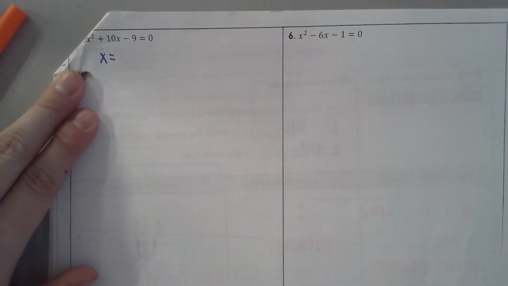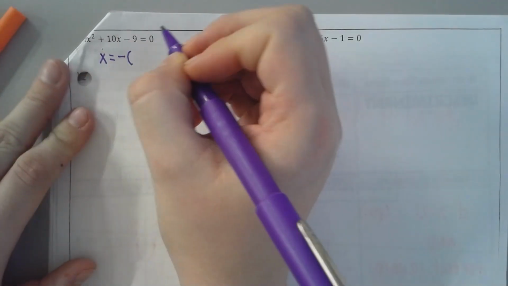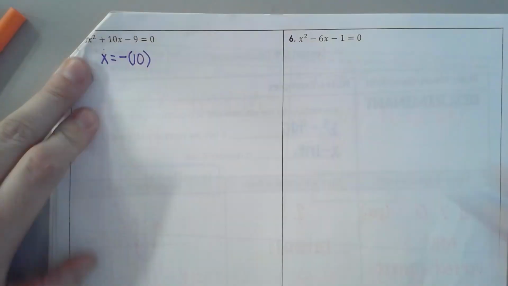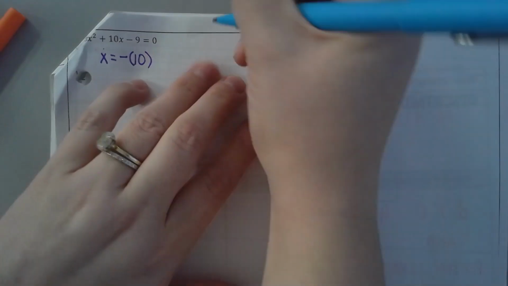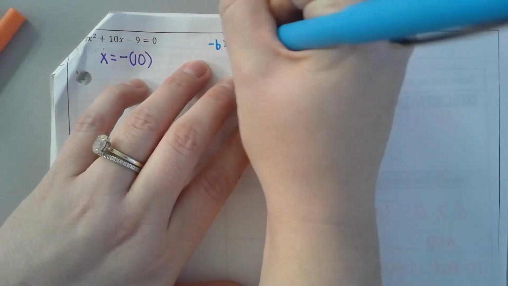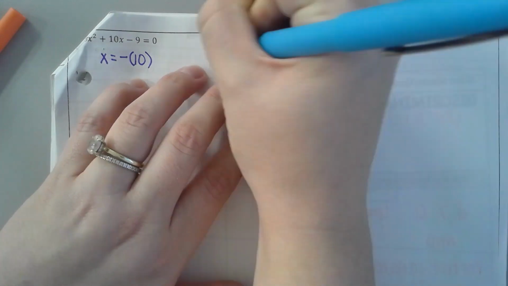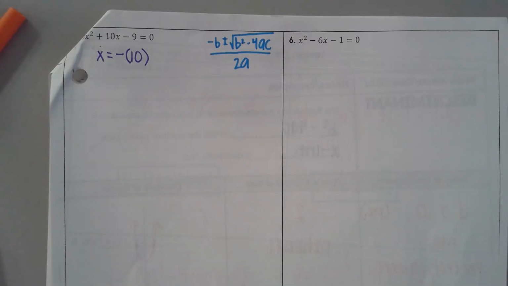So you can go ahead and set it up. Negative B. And let me write the formula up here for you, so that you don't have to flip back and forth.